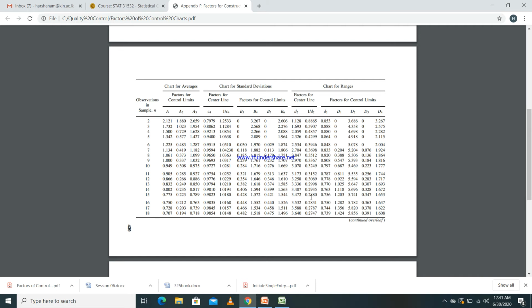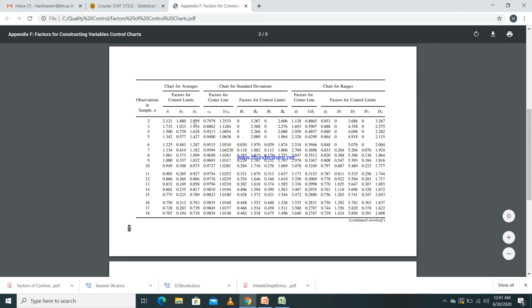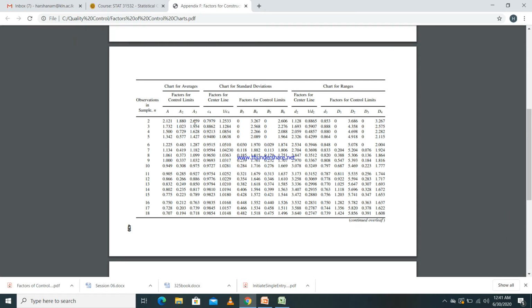Right, so I have uploaded this table to Cal, so you can find the table and download it through Cal. So you can see this is the table. If you look at this table, you can see A2, A3 values, B3, B4, B5, B6 values, small d2 values, small d3, and capital D1, D2, D3, D4 values, right?